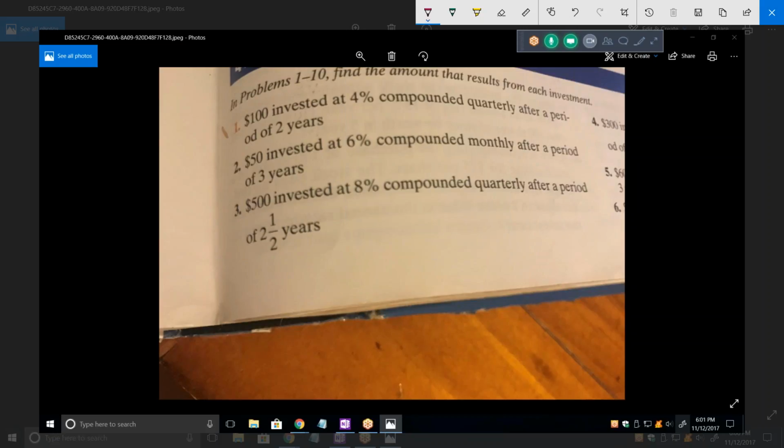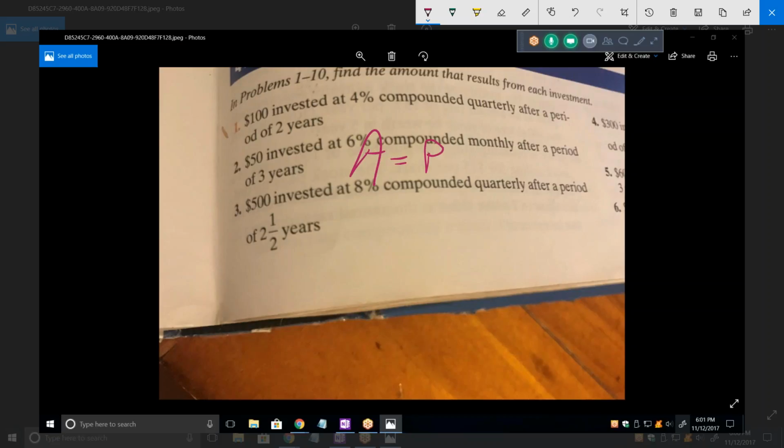So, $100 invested at 4% compounded quarterly after a period of 2 years. What letter do you use on the left of the equal sign? A. Yes. So we got A equals, what's the general formula, without the specifics?